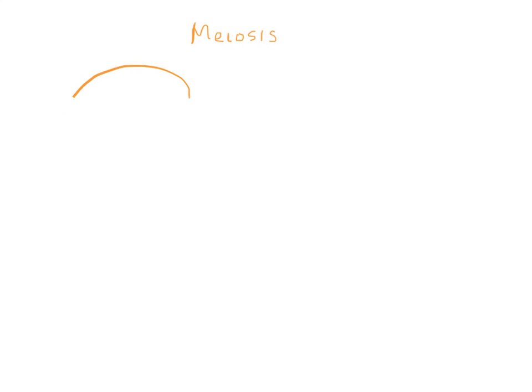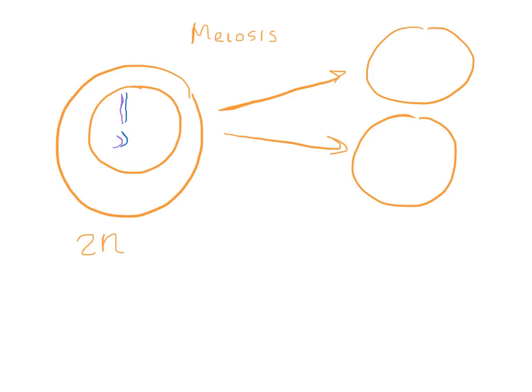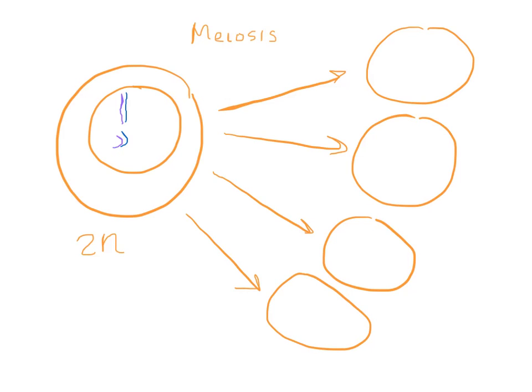The process of meiosis also begins with a diploid cell, so there's our abbreviation, and we have the same 2 pair of homologous chromosomes, but this process creates 4 new cells, at least in the male of the species. This process is a little bit more complicated than mitosis, but each one would have a nucleus, of course.